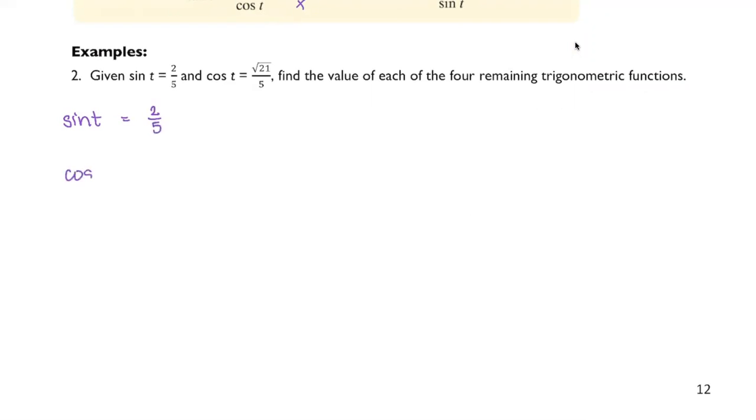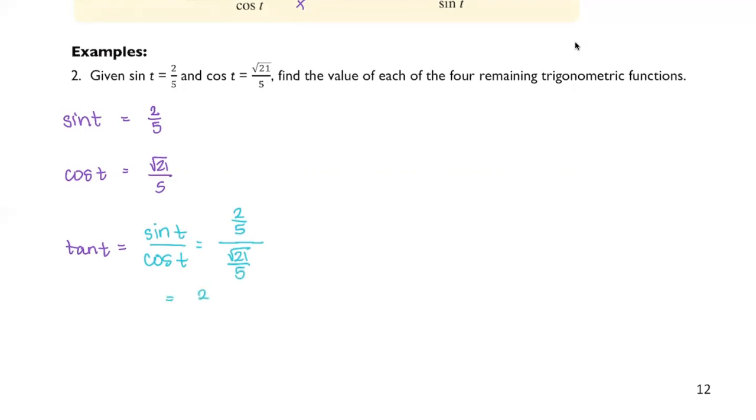The cosine of t is equal to the square root of 21 over 5. Now, tangent of t, we're going to have to do some work. But we know, based on our quotient identities, that the tangent of t is equal to the sine of t divided by the cosine of t. So that's going to be 2/5 divided by the square root of 21 over 5.